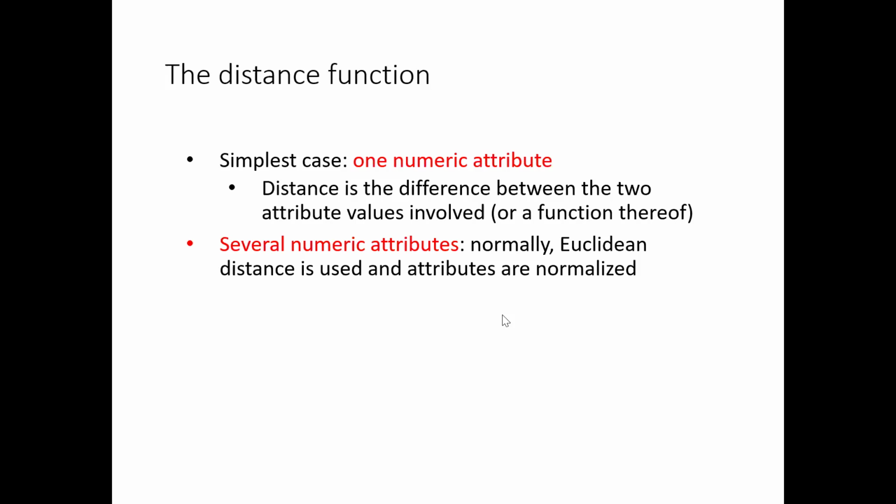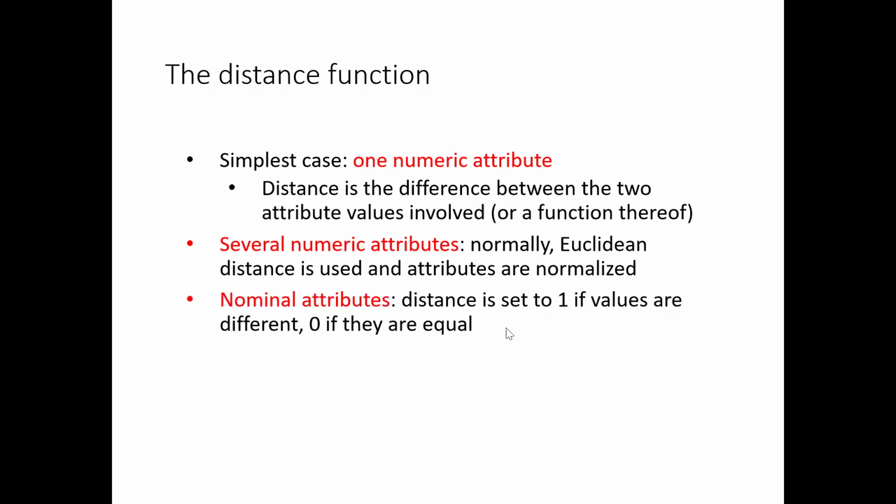But if you have several attributes, then usually we use Euclidean distance. Euclidean distance means we get the geometrical distance. So for example, if you have x1, y1 and x2, y2, you get the differences between the x's and y's, you square them, then you sum them up and then you take the square root. That's what we call the Euclidean distance.